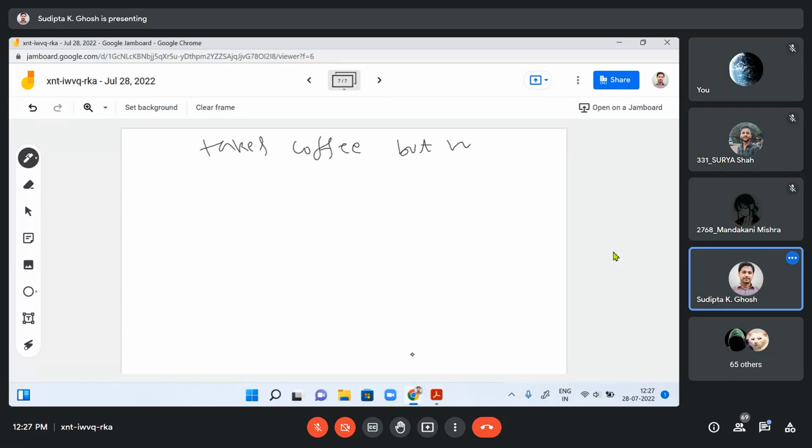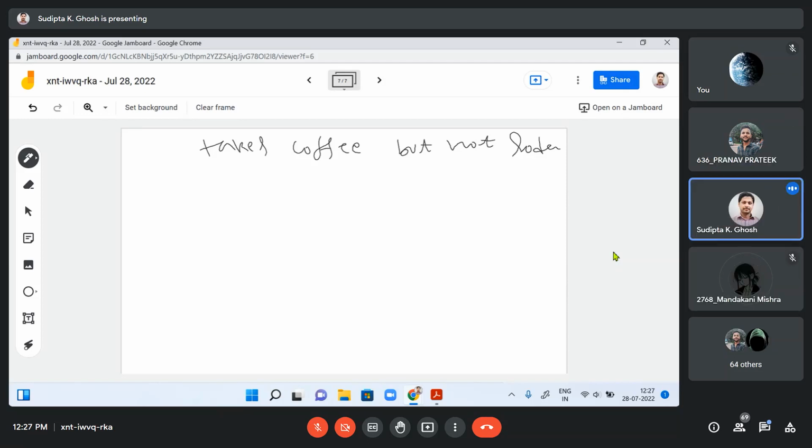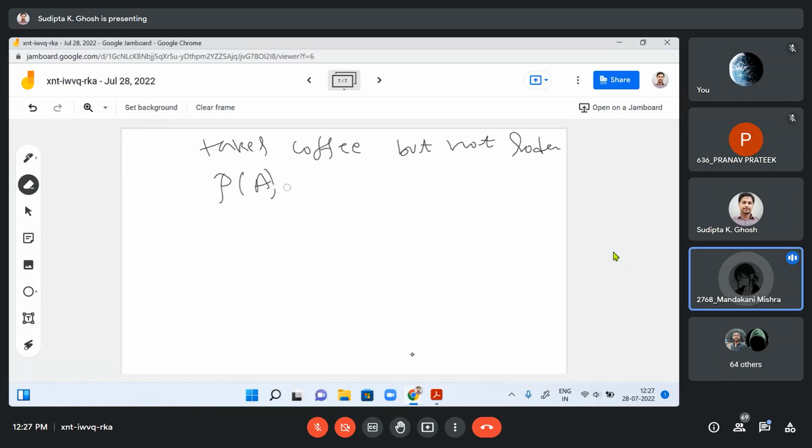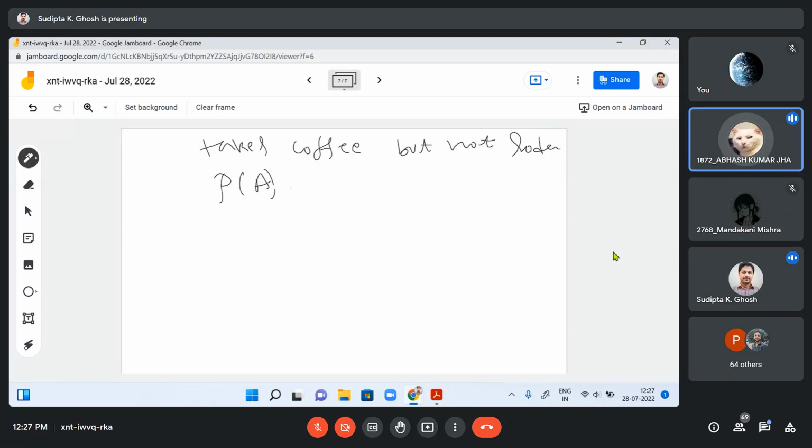How to design the event? P(A) minus the intersection? P(A) minus P(A and B) intersection, sir? No.